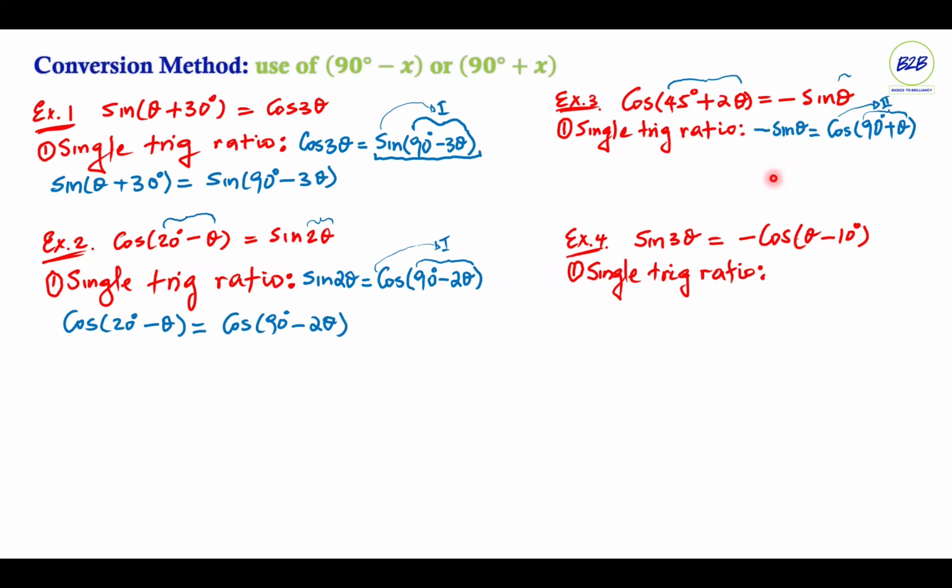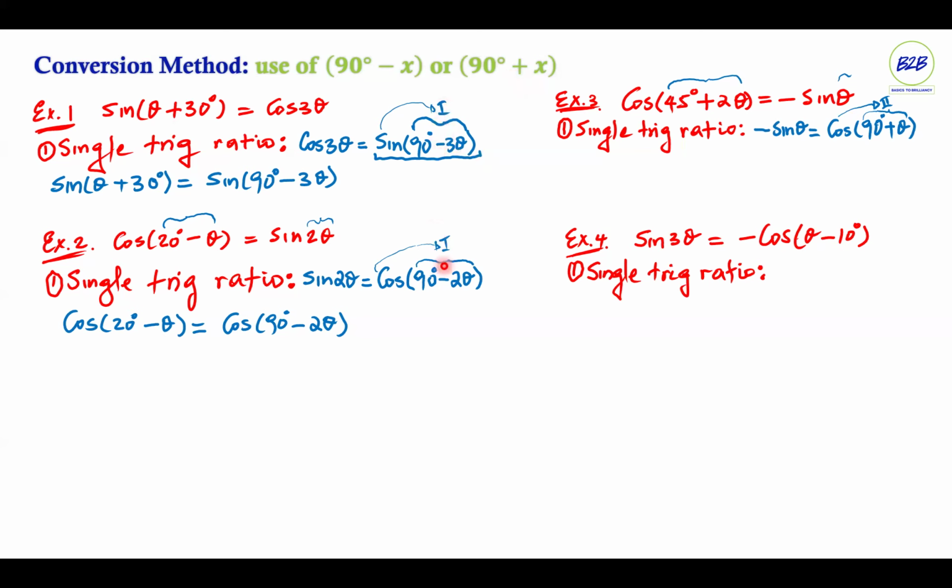So now you get the ability to differentiate when do I use 90 degrees minus x and when do I use 90 degrees plus x. When your coefficient for sine and cos is positive, it doesn't matter which one you use between those two. 90 degrees minus x, 90 degrees plus x.